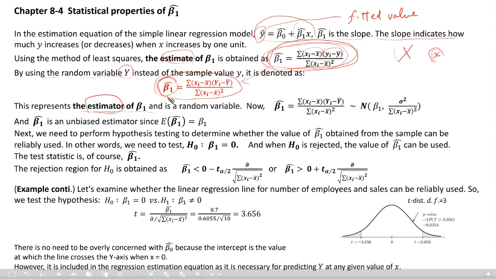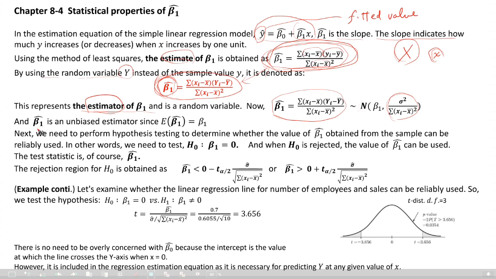So beta 1 hat here, this one, is a random variable, so it follows some distribution. Any random variable follows some distribution, right? Beta 1 hat, the estimator, follows a normal distribution with mean beta 1 and variance sigma square over the summation of squared deviations, like this. It can be proved when you study mathematical statistics.